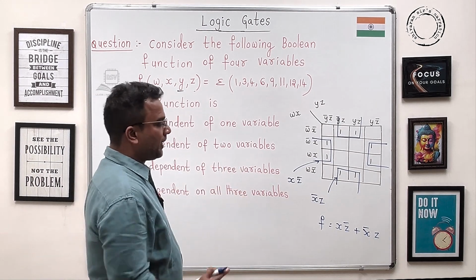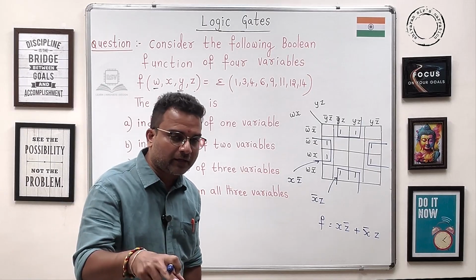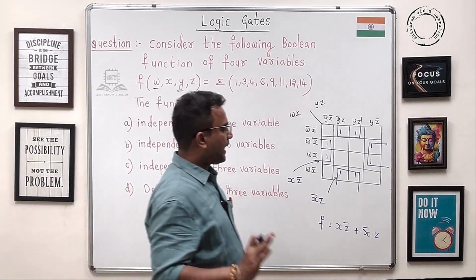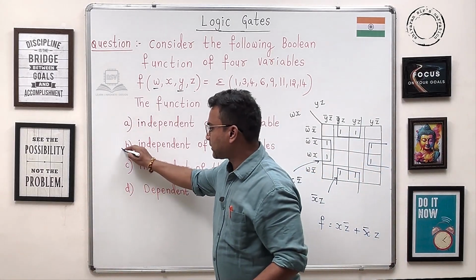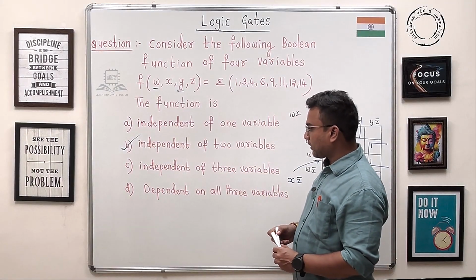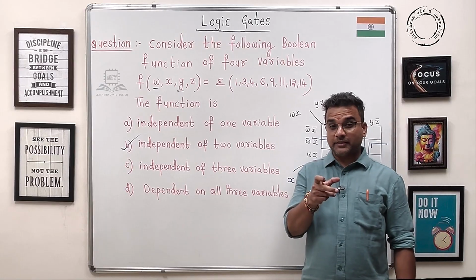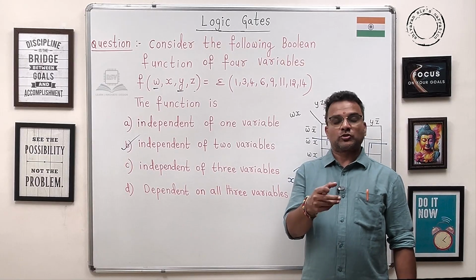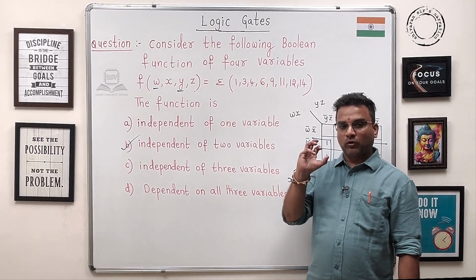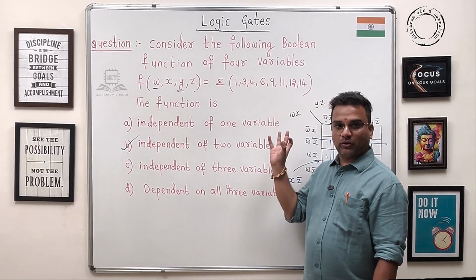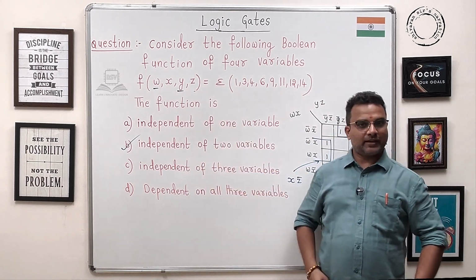Hence we can say it is dependent on 2 variables and independent of 2 variables. As per the options, the right answer is option B, independent of 2 variables. Right guys? Dependency is also important so that we can come to the conclusion that the output depends exclusively on those variables.